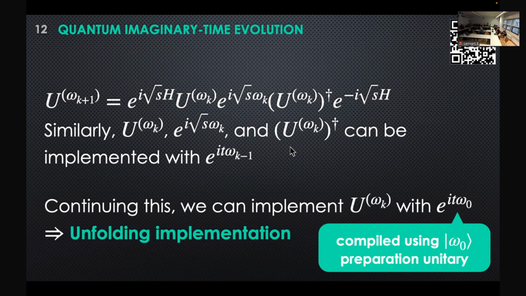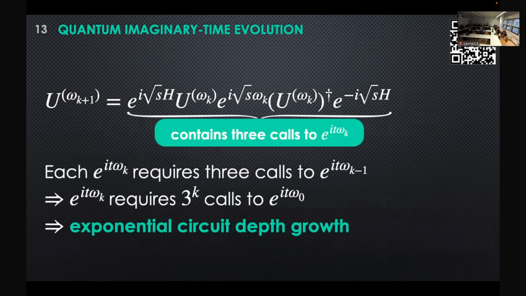There's a problem though. When you want to write u omega k plus 1 in terms of u omega k, each u of omega k plus 1 contains 3 calls to the exponential of i t omega k. And if you want to replace this with omega k minus 1, you again need 3 calls for each of them.